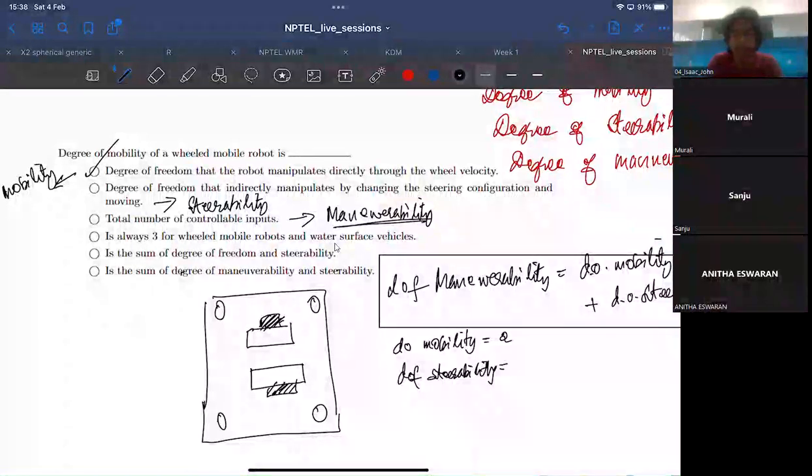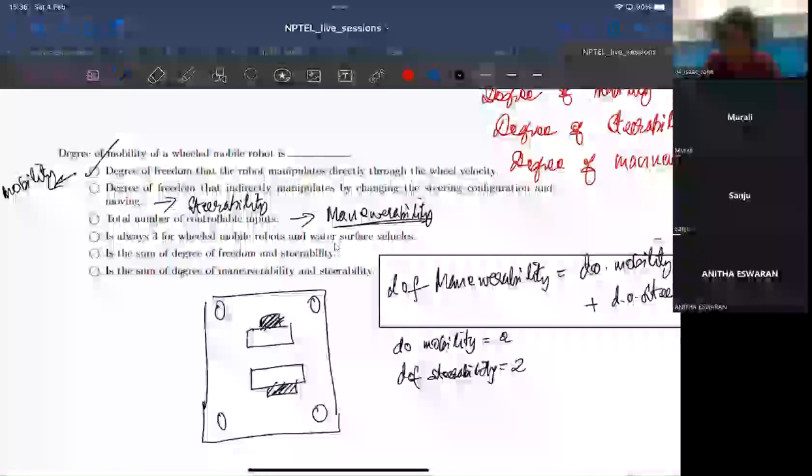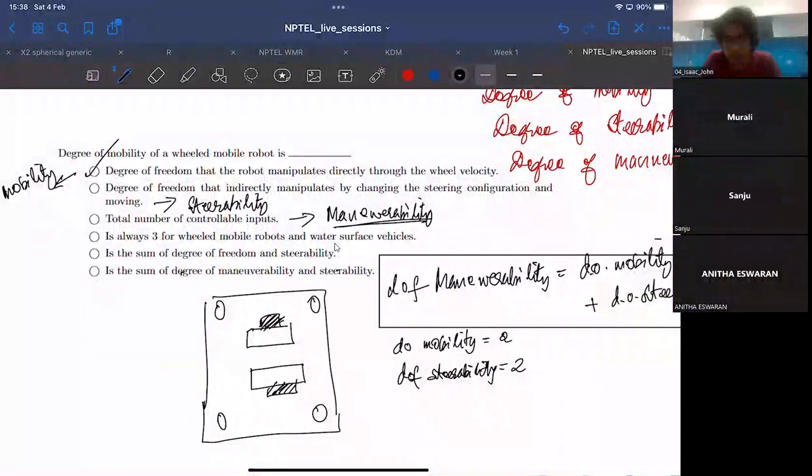If we are having 2 independent motors to control the steering of this system, you would have 2 degrees of steerability as well. So the thing is, we are steering the robot with 2 motors, right? Why is it 2?